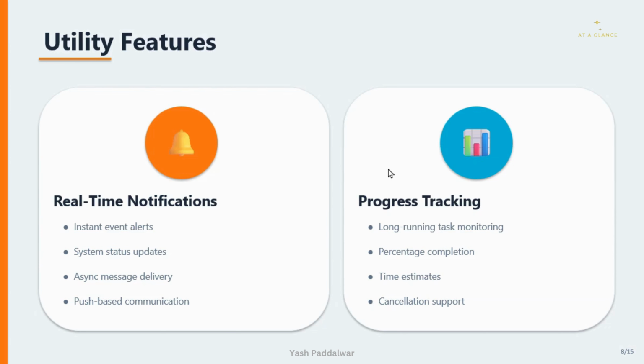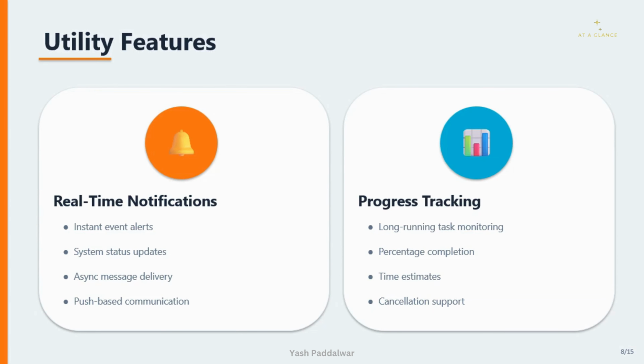And there also has to be a feature, for example, if there is a long task and the task is initiated by mistake, then there has to be a feature of canceling that task. So cancellation support is there in here. These are the extra features that MCP serves. I hope this is also clear.